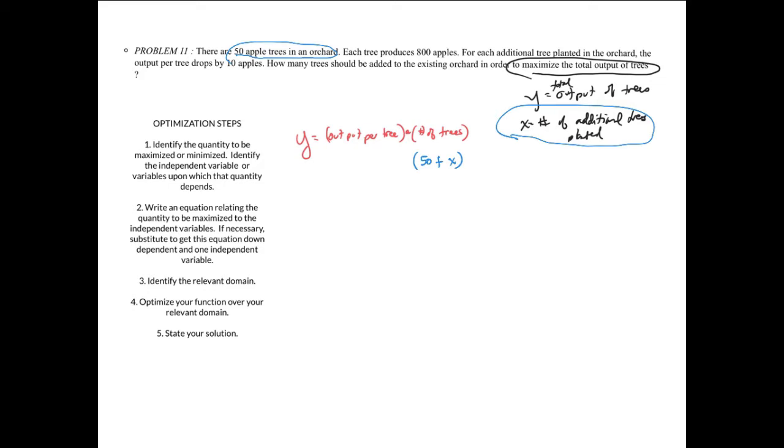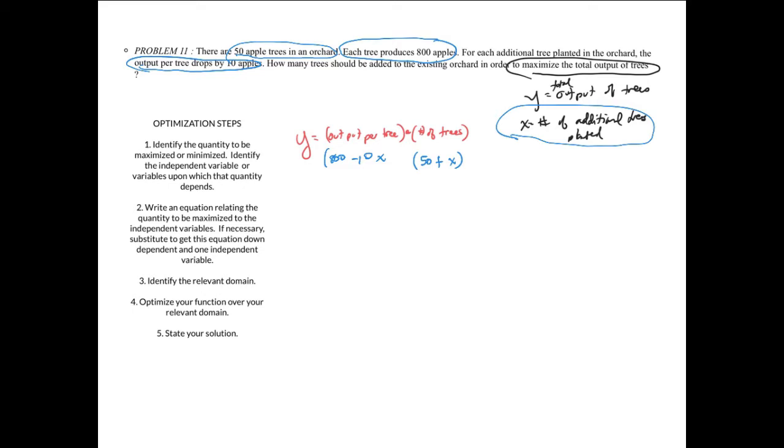And then you're told each tree produces 800 apples. For each additional tree planted in the orchard, the output per tree drops by 10 apples. So if we're talking about the output per tree, right now it would be 800. But for every tree we plant, which is x trees, we're going to be losing 10 apples of output.